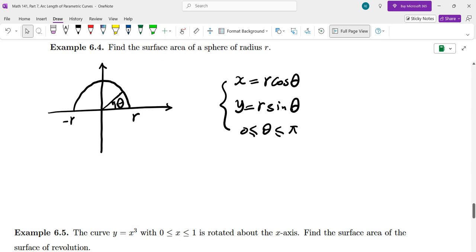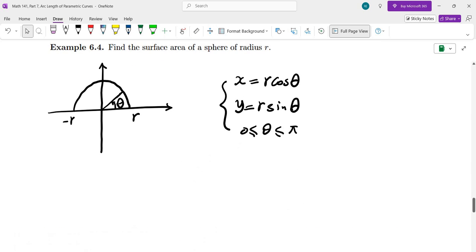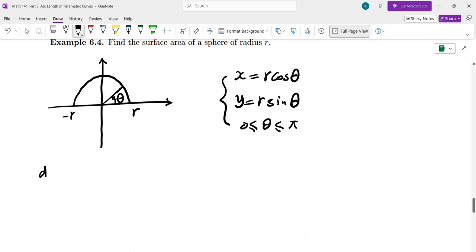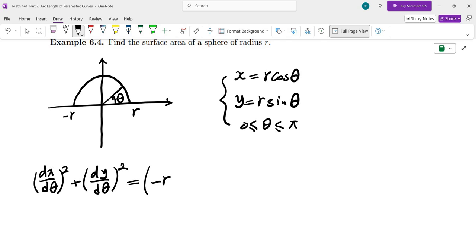So now we can find the area using the formula that we had. We take (dx/dθ)² plus (dy/dθ)². The derivative of x with respect to θ is −r sin θ, plus (r cos θ)².